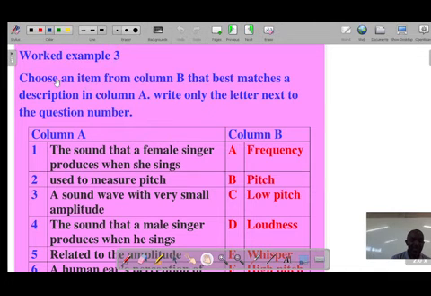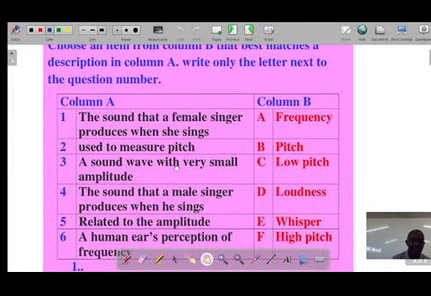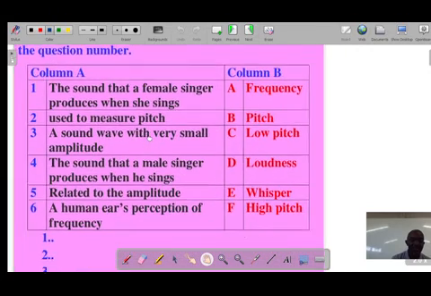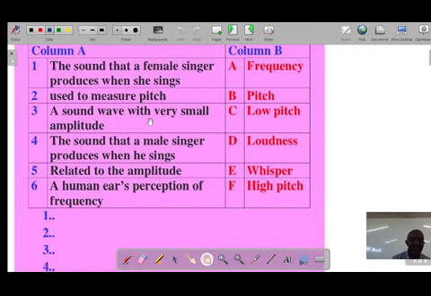Worked example 3. Choose an item from column B that best matches the description in column A. Write only the letter next to the question number. In column A, we have the sound that a female singer produces when she sings.